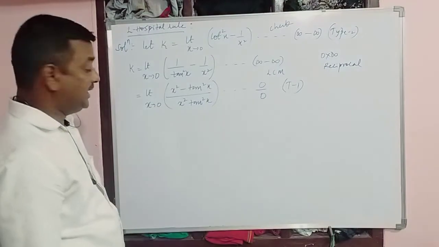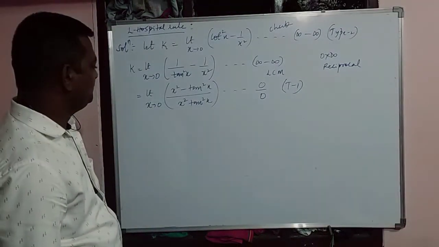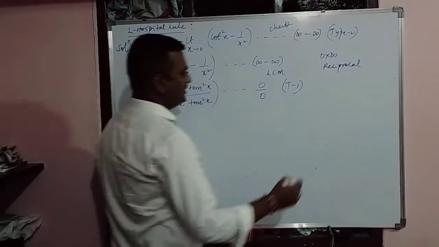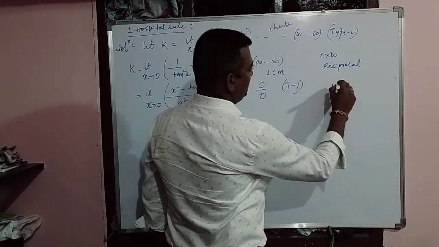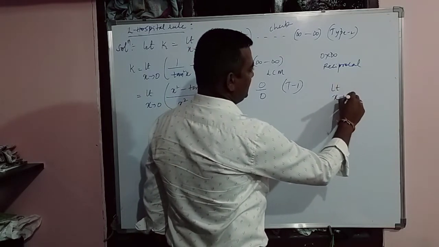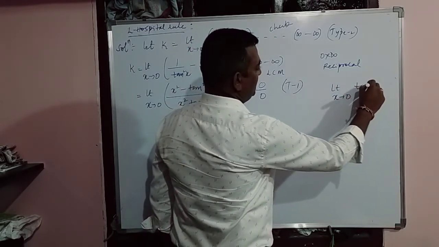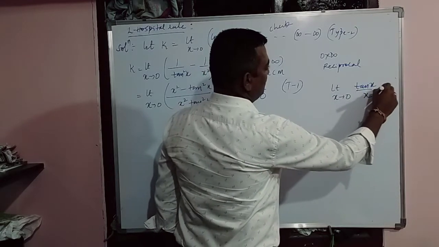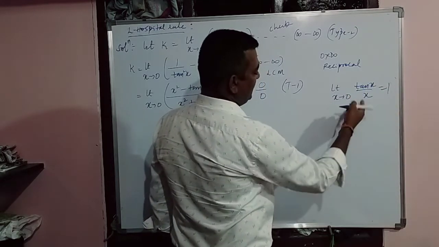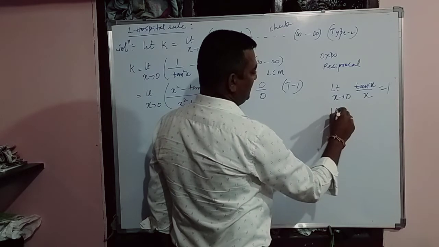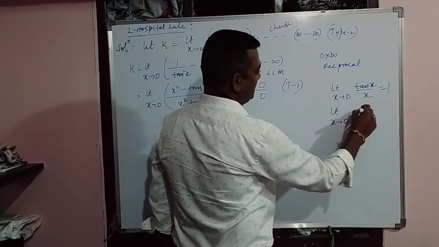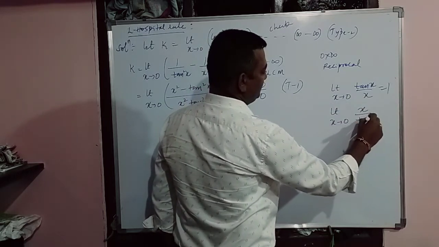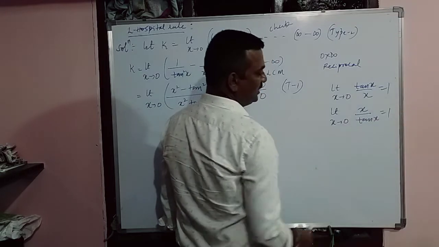So before applying L'Hospital rule, I will make use of this result, that is limit as x tends to 0, tan x by x is equal to 1, or you can also write this as limit as x tends to 0, x by tan x is equal to 1.